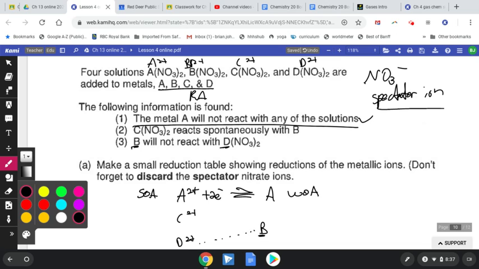B does not react with D2 plus. So D2 plus is below B, but C2 plus does react spontaneously with B. Okay, and there we go. So C2 plus 2 electrons gives C. B2 plus 2 electrons gives B, and D2 plus 2 electrons gives D.